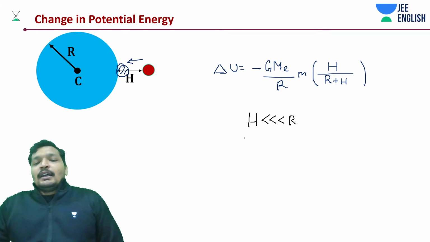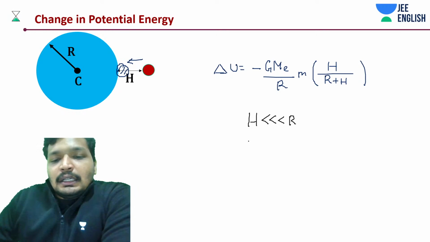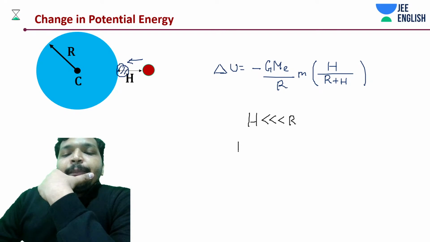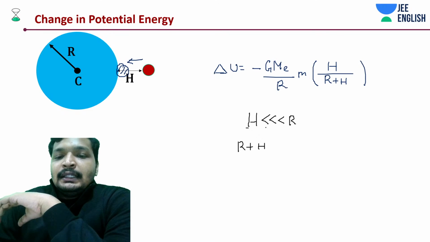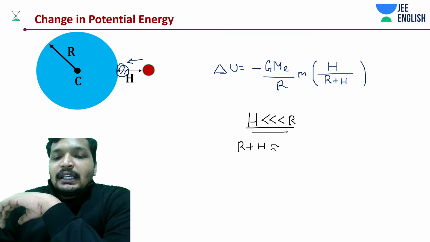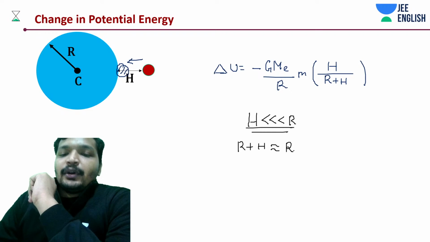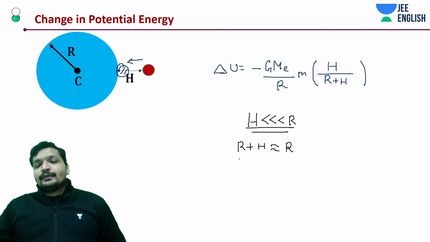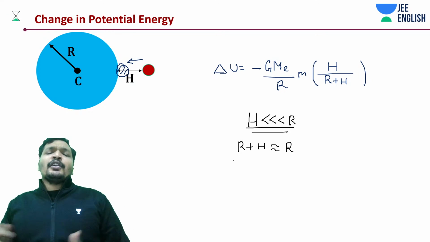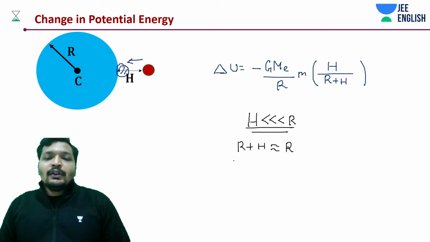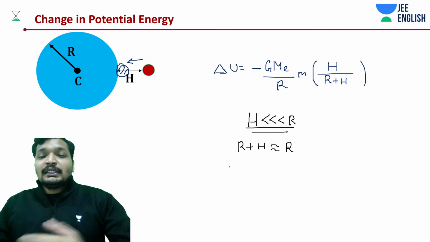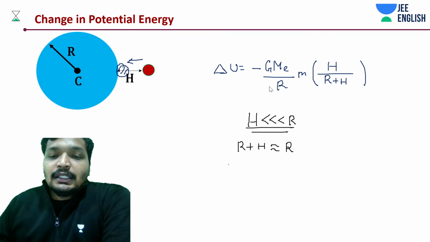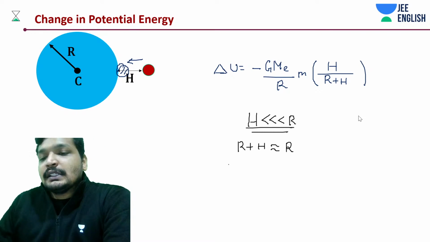In this specific case, we can say r plus h is approximately equal to r. Okay, h is a very small quantity, some few meters etc. Radius is in kilometers etc. A very small quantity, sometimes just a few meters. Hence we can say this, if it's a small height, else we can't say this.